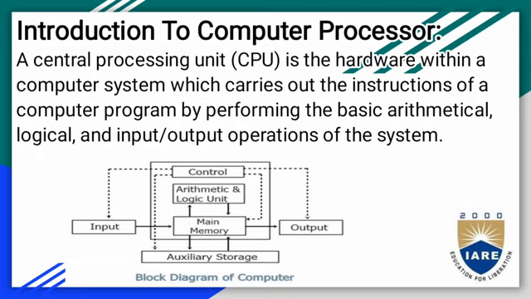This is a basic block diagram of a computer. That is, first is a control signal and arithmetic and logic unit, ALU, main memory, auxiliary storage, output and input.